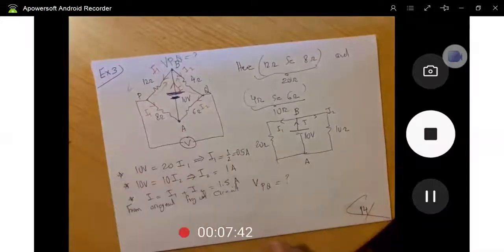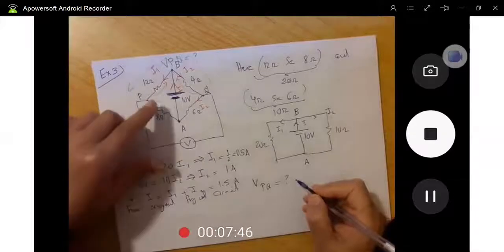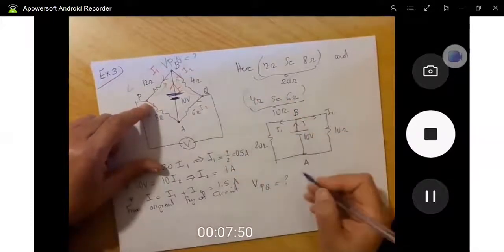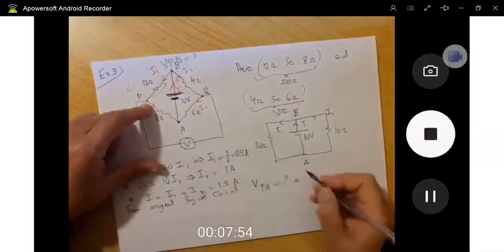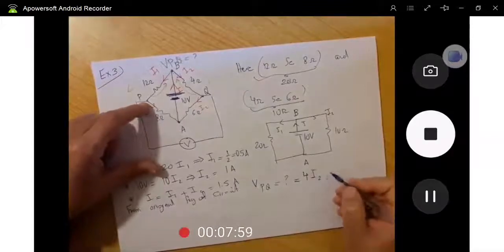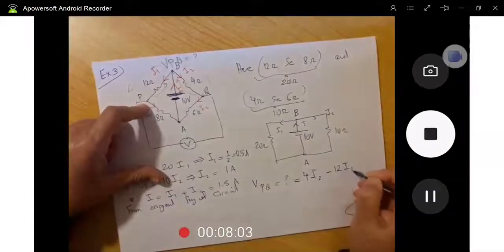Okay, so what do we have? VPQ is equal to, with the arrow direction, 4 times I2 and again, minus 12 I1.